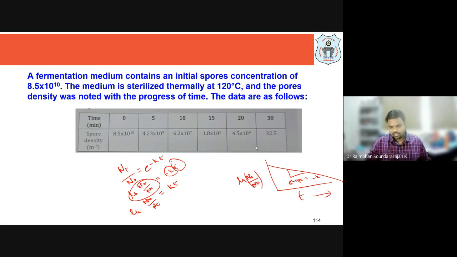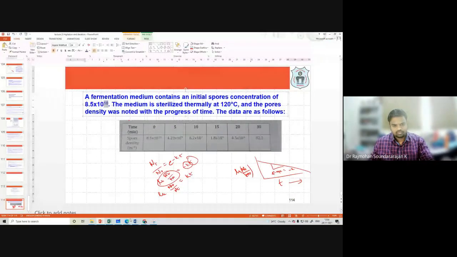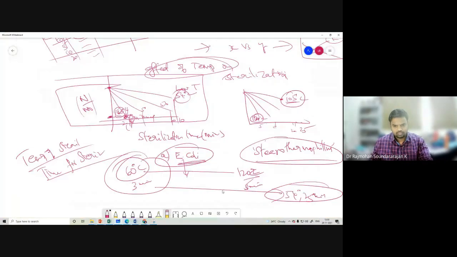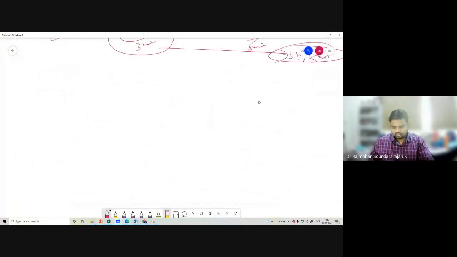So what to do for that? Write the given data. Time is given, n is known, n is your nt, right? So we have the n naught value at time 0, 8.5 into 10 power 10. So this is your initial value.